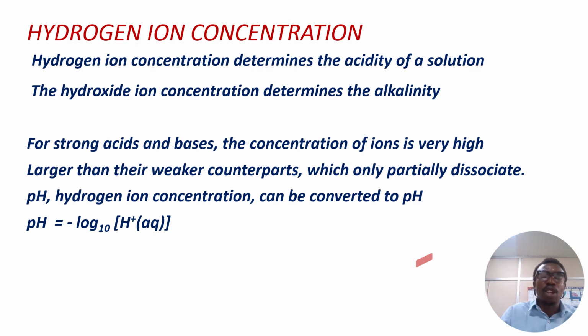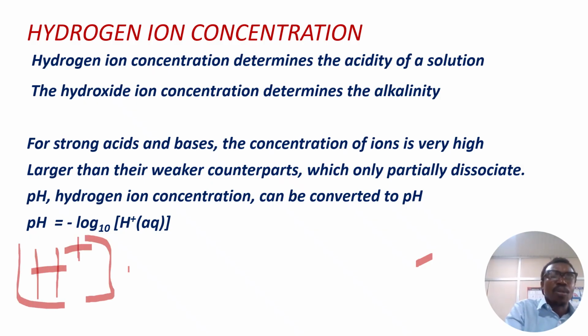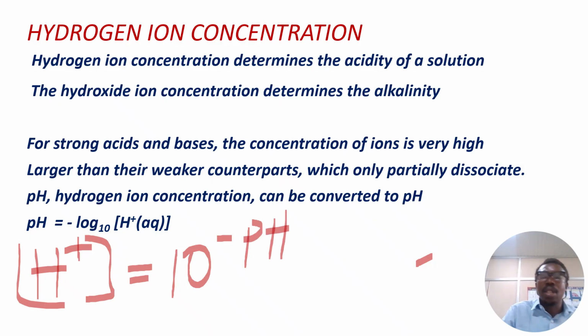Then if you have the pH, you can get the hydrogen ion concentration, which will be equal to 10 raised to the power minus pH. So the hydrogen ion concentration determines the acidity of a solution, and the hydroxide ion concentration determines the alkalinity of a solution.